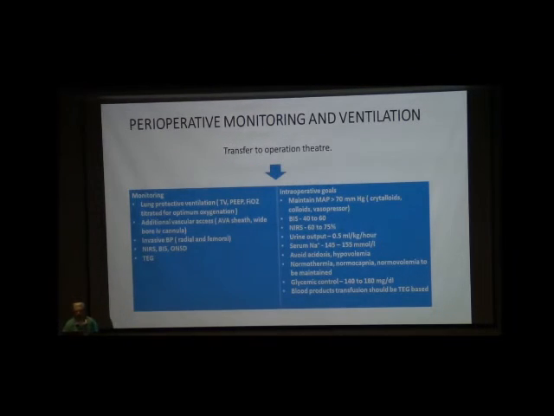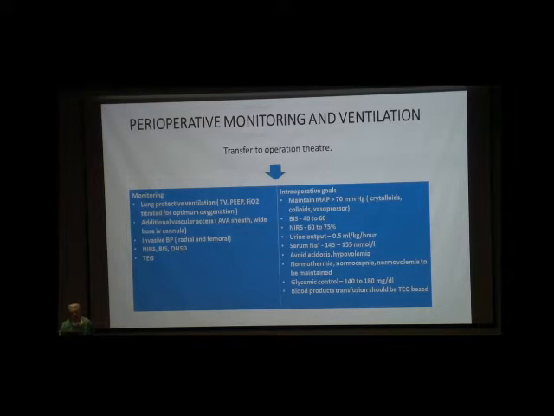So, coming on to the perioperative monitoring and ventilation in these patients, the most important and most critical step is the transfer of the patient from the ICU to the OT. A lot of things can go wrong during this period. We have to make sure that the patient is always shifted on a portable ventilator and not on a bag and mask, because when you ventilate a patient with a bag and mask, the delivery of tidal volume is unpredictable, and this may lead to hypo or hypercarbia, which might lead to a further increase in ICP or decrease in the cerebral perfusion pressure.